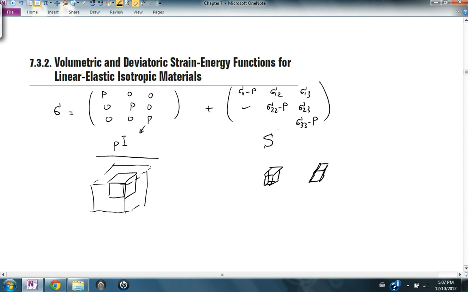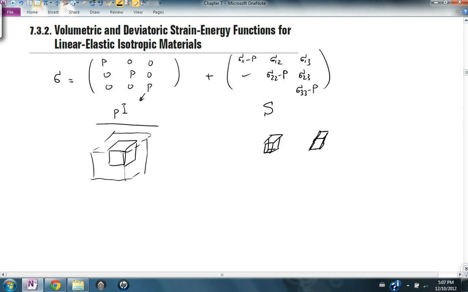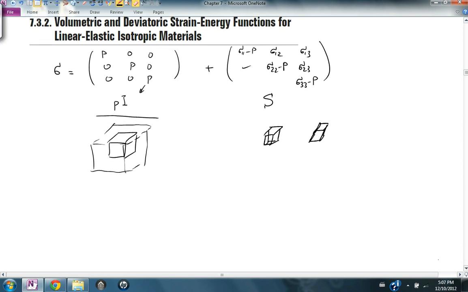Now to see this, we are going to look at what happens to the strain, or we're going to look at the volumetric strain. The volumetric strain, as we studied in the strain chapter, is equal to epsilon 1 1 plus epsilon 2 2 plus epsilon 3 3.